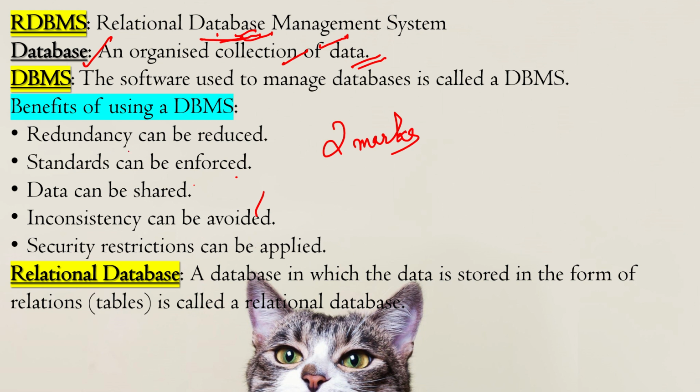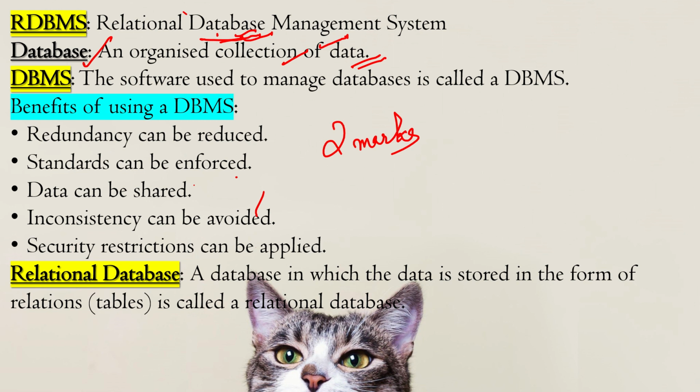Or else in place of redundancy you can write duplication of data is not possible, or duplication of data can be reduced. You can write it in your own words. Okay, so just make sure keywords like standards can be enforced, data can be shared, inconsistency can be avoided, security restrictions can be applied, and duplication of data will be reduced are there. Just keep such keywords in mind.